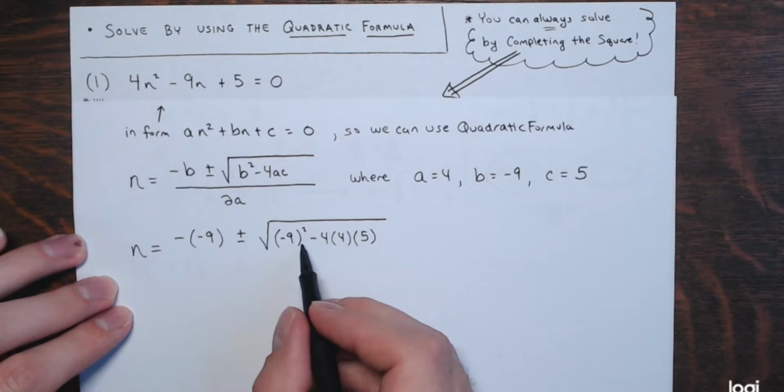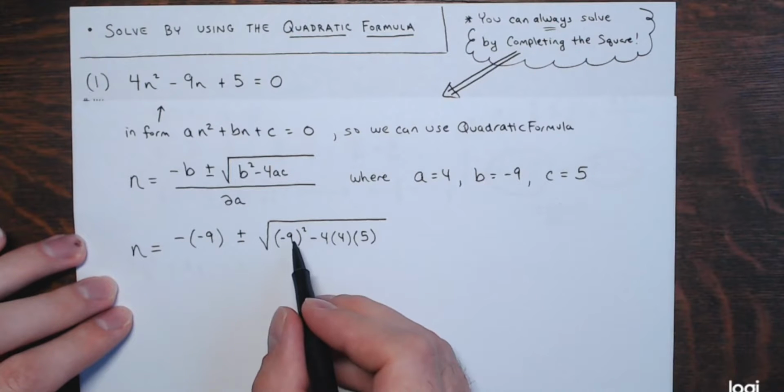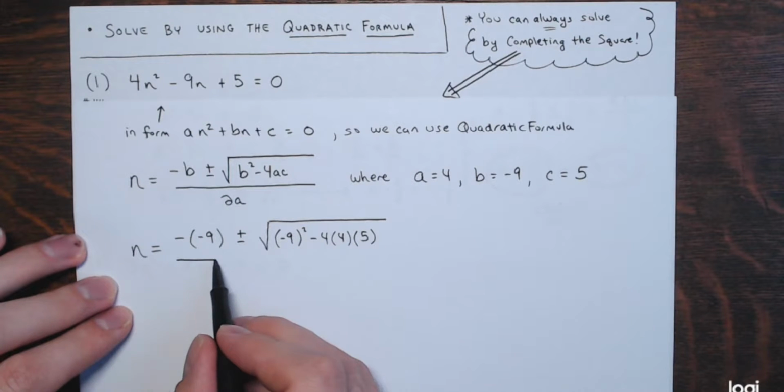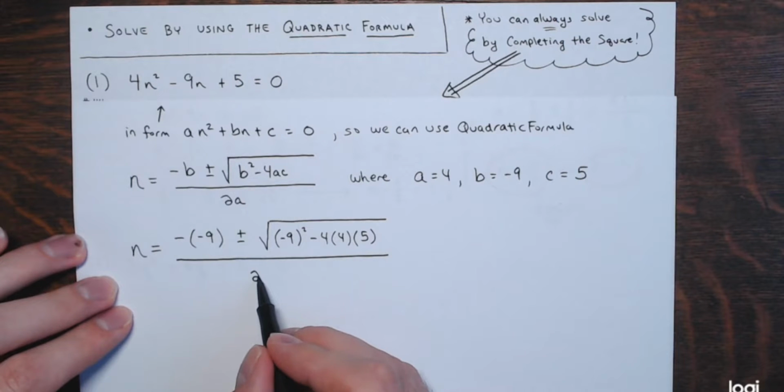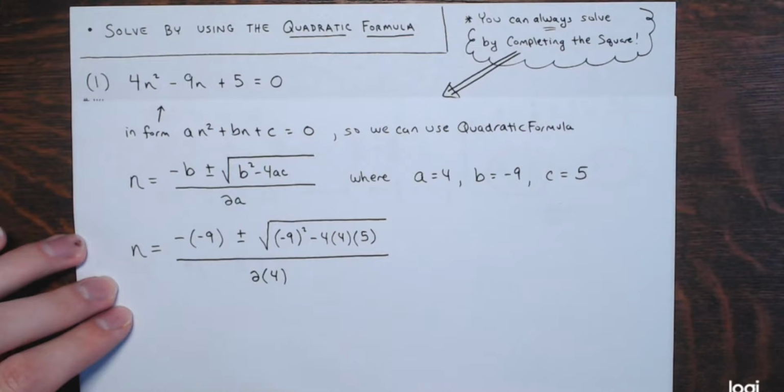The b squared minus 4ac is all in the square root symbol. And then everything is divided by 2 times a, divided by 2 times 4.